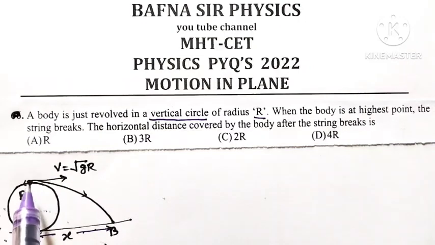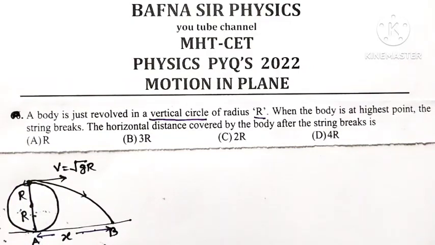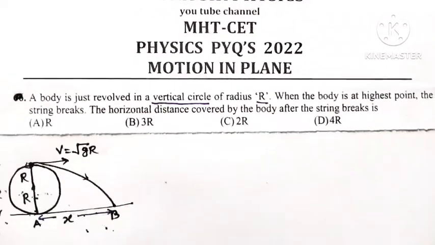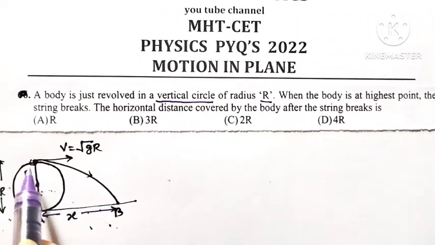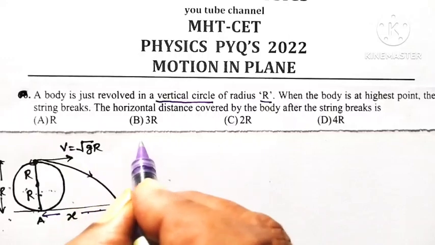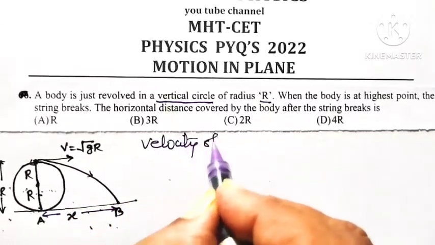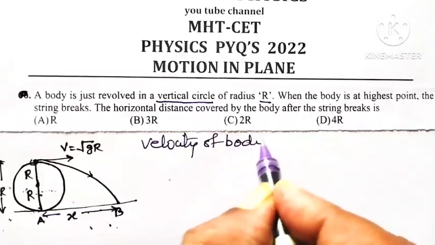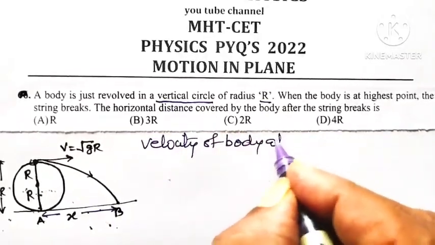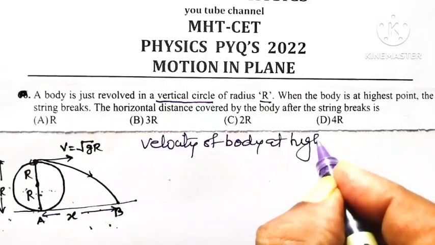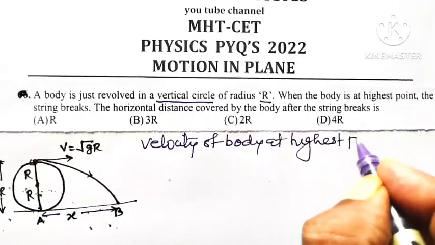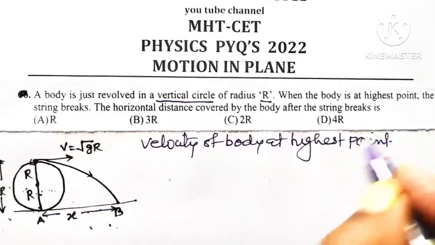Remember, when a body is revolving in a vertical circle, what is the formula for the velocity of the body at the highest point?